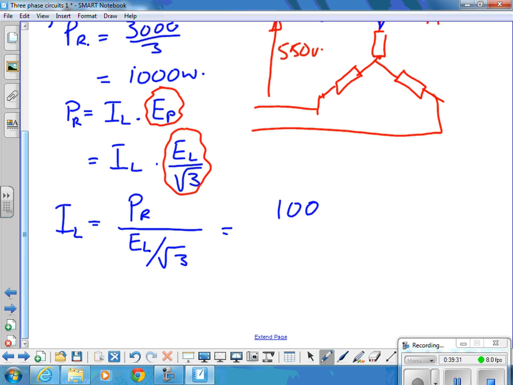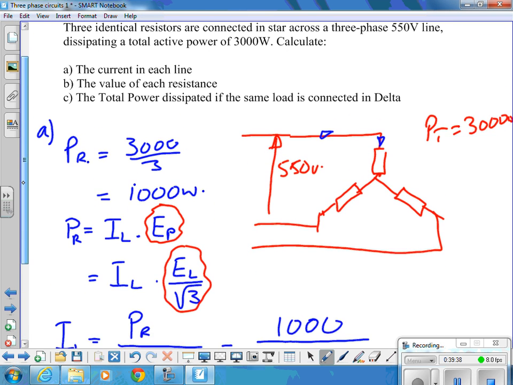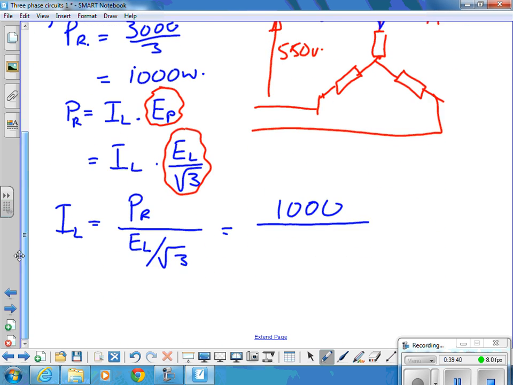That's 1000 over, what was my line voltage? 550, over root 3. That gives 3.15 amps.